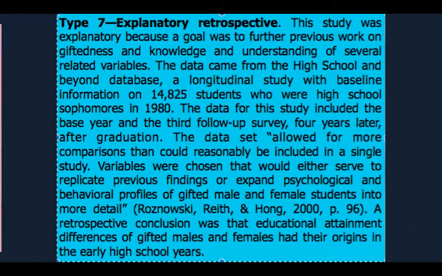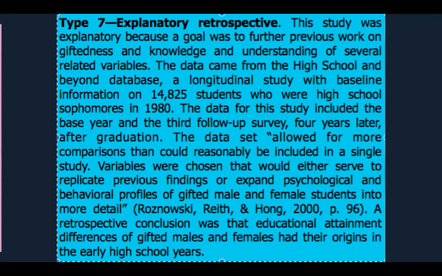For type 7, a combination of explanatory and retrospective. This study was explanatory because a goal was to further previous work on giftedness and knowledge and understanding of several related variables. The data came from the High School and Beyond database, a longitudinal study with baseline information on 14,825 students who were high school sophomores in 1980.